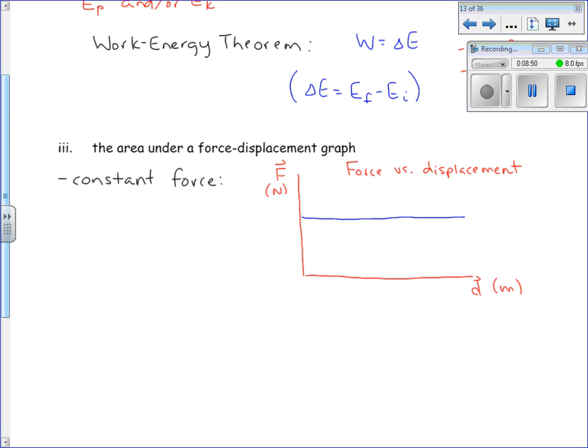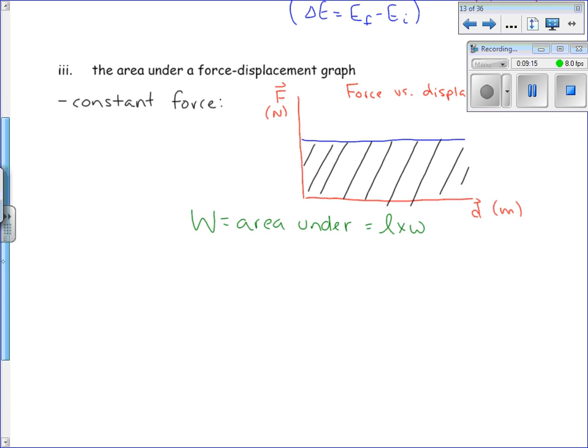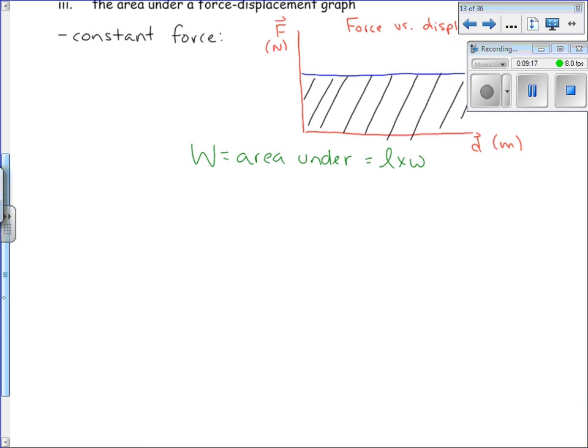Constant force means you've got a horizontal line, and then you're just finding the area underneath that horizontal line. That will give you work. So work is equal to the area under, which in this case would just be length times width. This idea that area under a force versus displacement graph is equal to work is not on your formula sheet, so that's a relationship that you need to memorize.